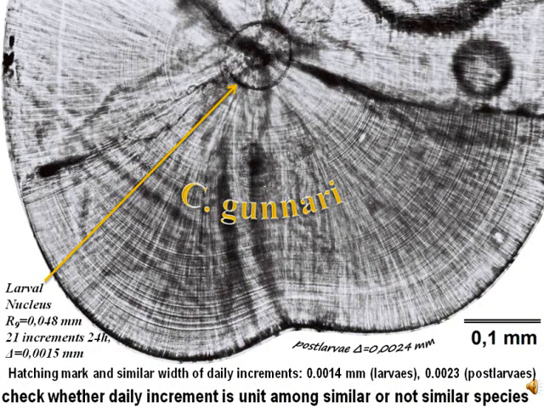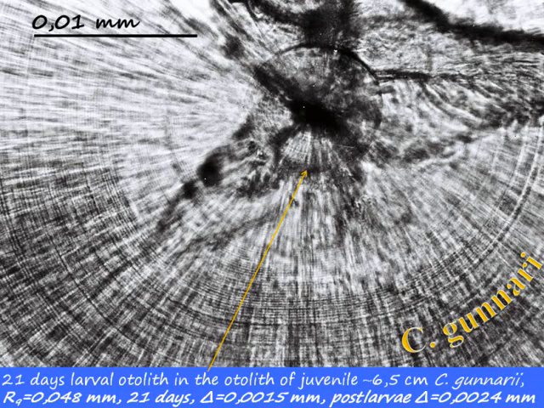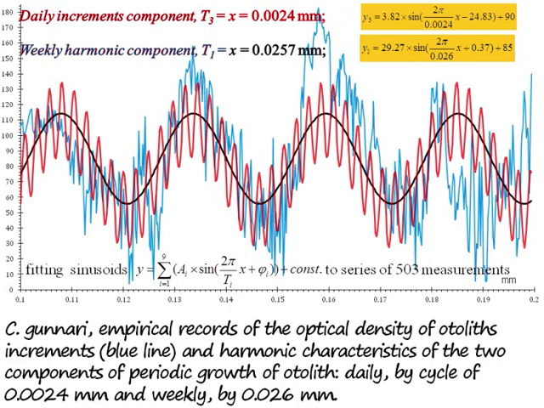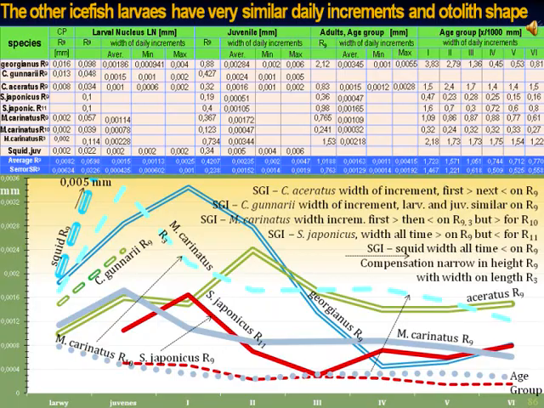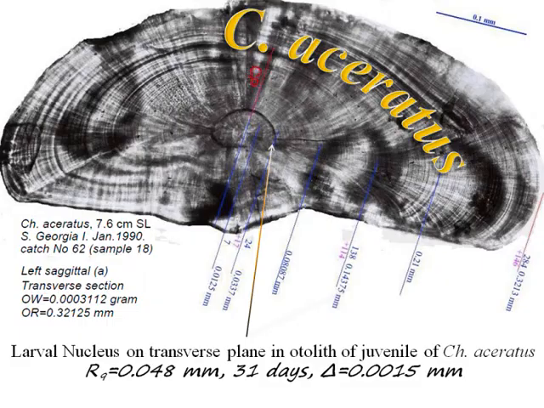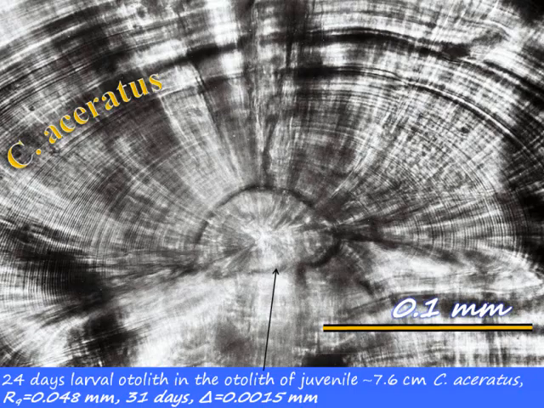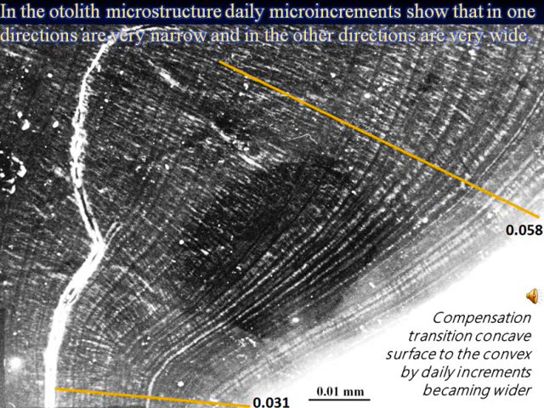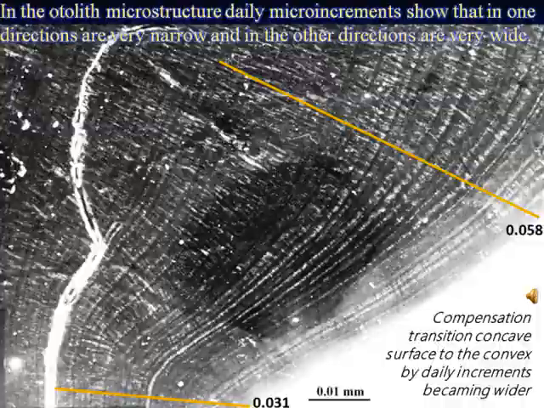Check whether the daily increment is a unit among similar or not similar species. The other ice fish larvae have very similar daily increments and otolith shape. In the otolith microstructure, daily increments show that in one direction they are very narrow, while at the same time in the other direction they are very wide.